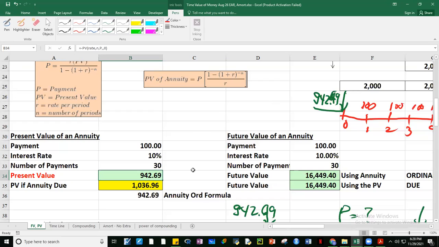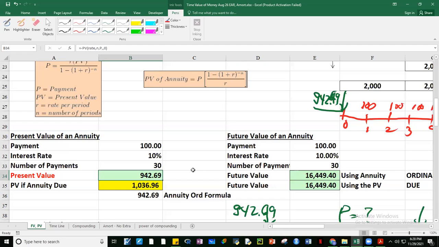The answer is, doesn't matter, because they are equivalent values. 100 for the next 30 years at 10% is the same as 942.69 today. Of course, the decision will be based on other factors, but not on which value is higher. The values are the same; they're equivalent values.